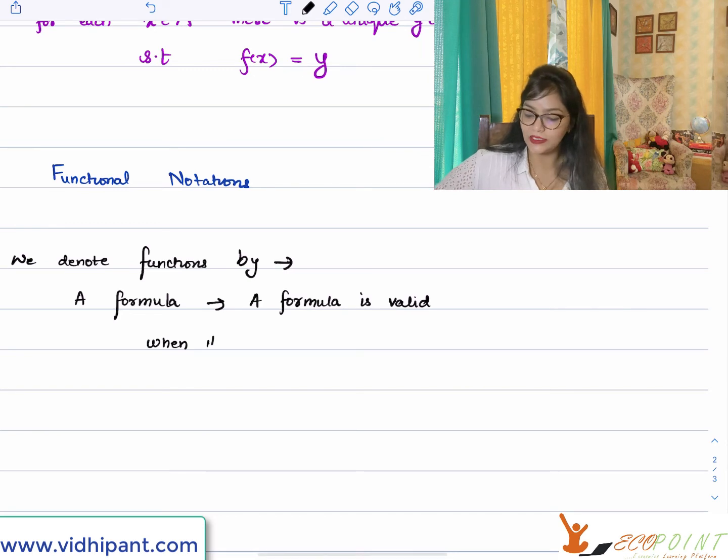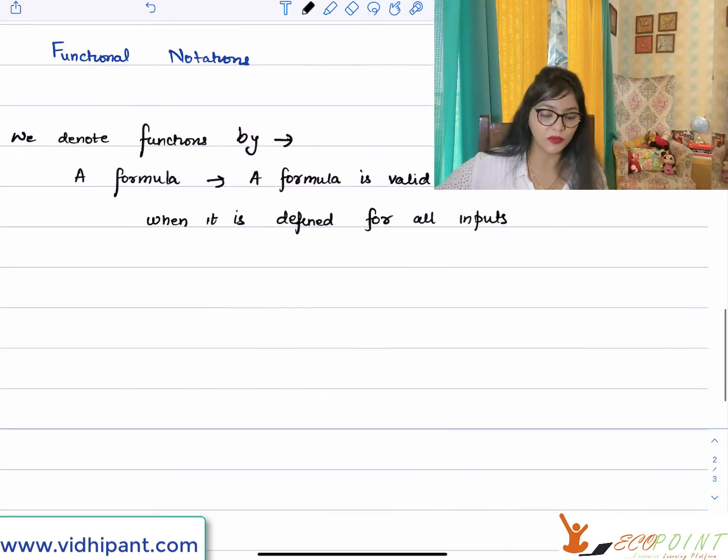It is when it is defined for all inputs, okay, when it is defined for all inputs.